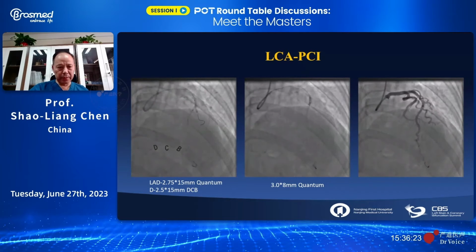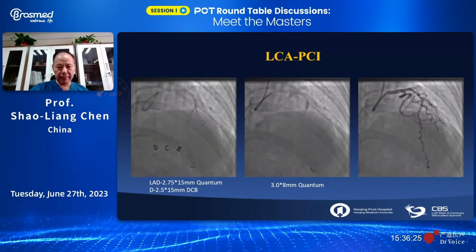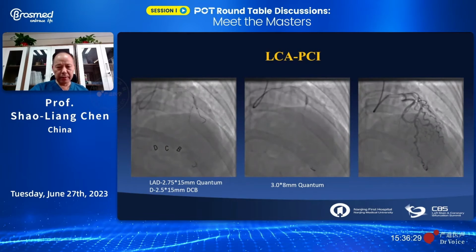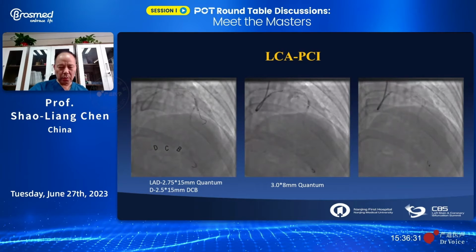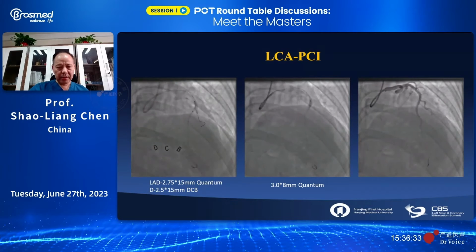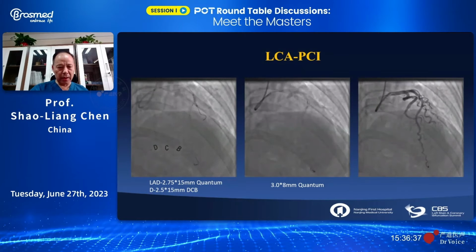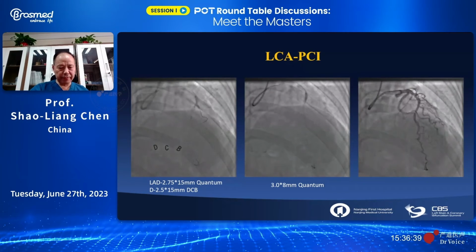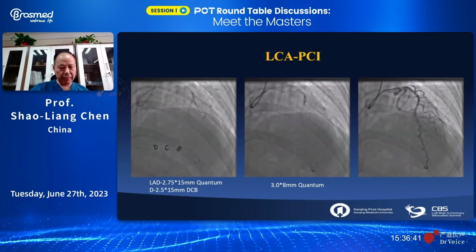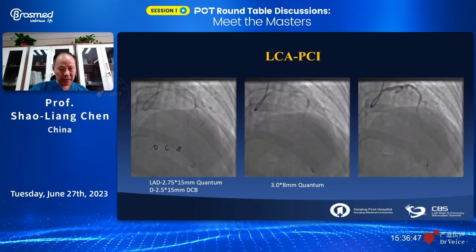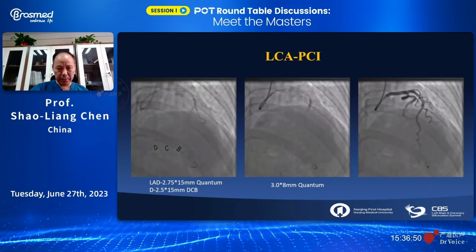According to the study protocol, after stenting the main vessel, if the ostial side branch was pinched by greater than 70%, the patient could be randomized to our bifurcation DCB trial. From the left angiography, you can see one conventional balloon in the LAD, another DCB balloon in the diagonal. This is a paclitaxel-eluting balloon.